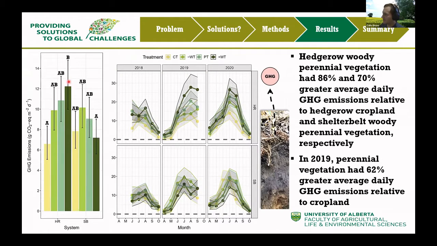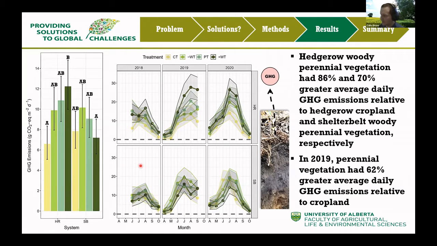Hedgerow woody perennial vegetation had 86% greater average daily greenhouse gas emissions relative to hedgerow cropland, and 70% greater average daily greenhouse gas emissions relative to the shelter belt woody perennial vegetation.